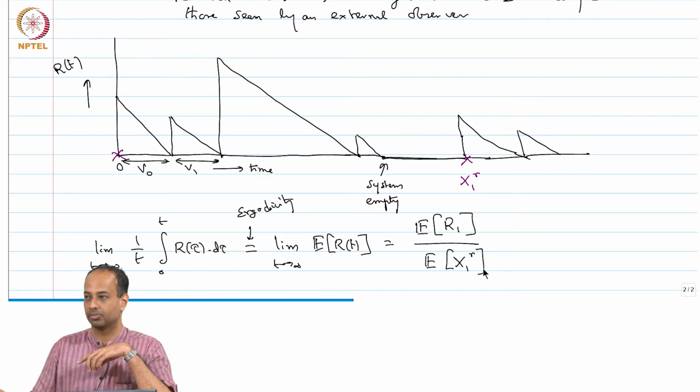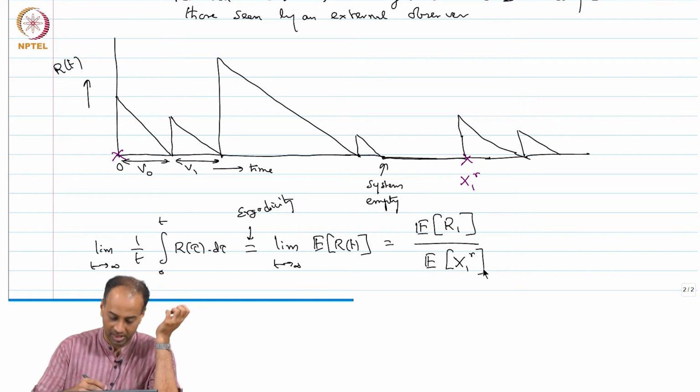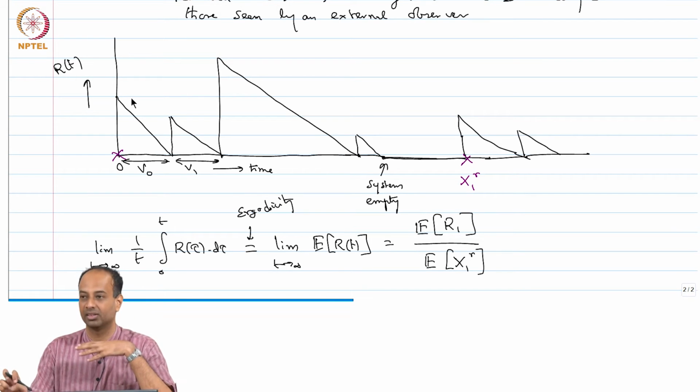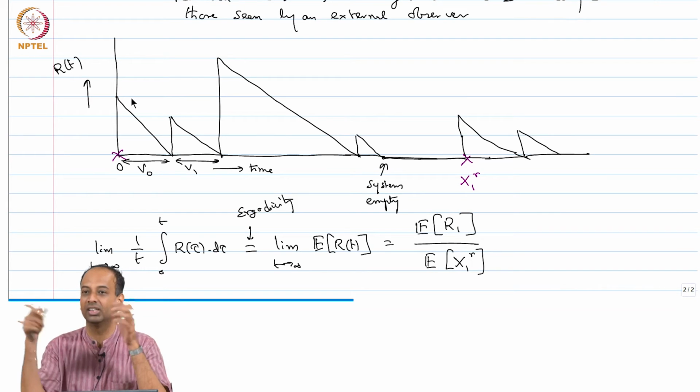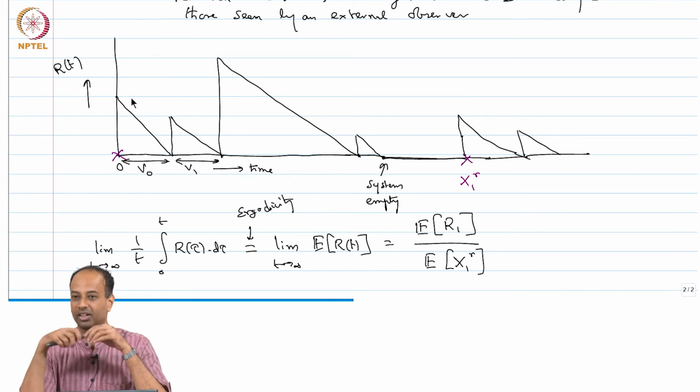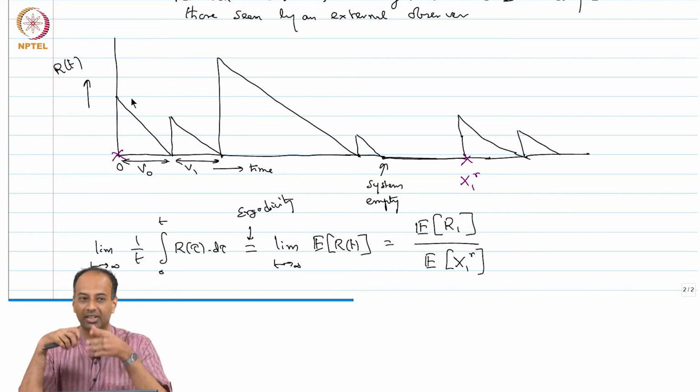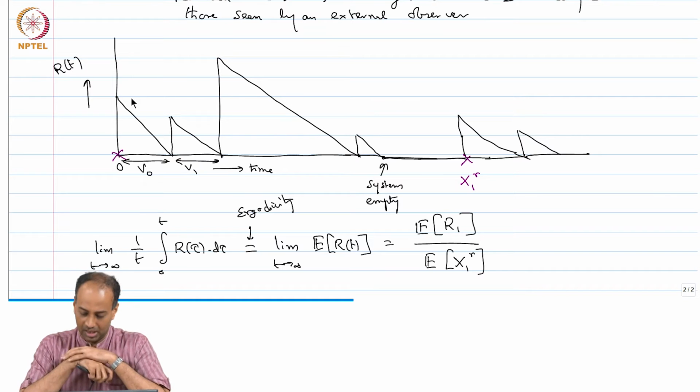So, you have to look at what is the total area under all these triangles, divided by what is the expected renewal duration. You can calculate it like we did, you can calculate it directly also, okay.